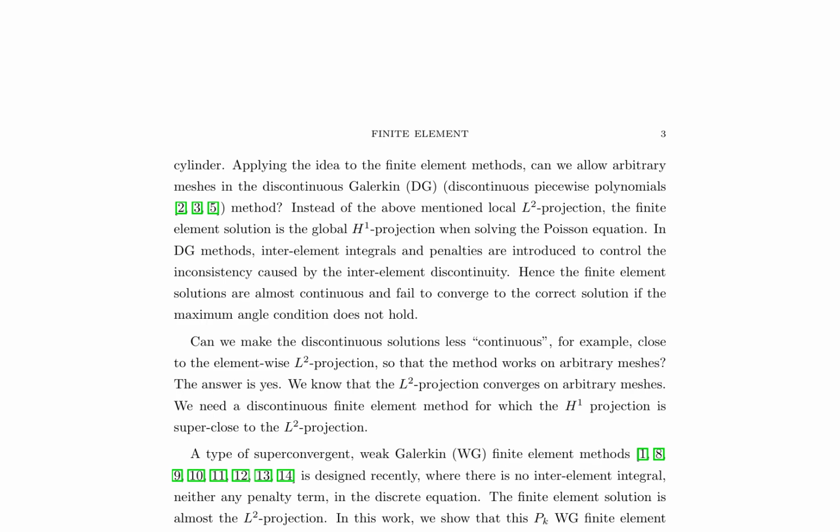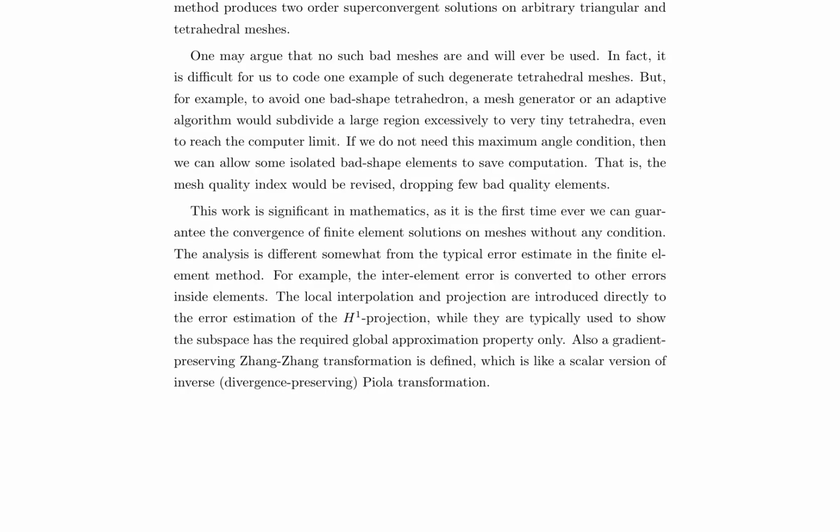Notably, PKWG is the first method to guarantee convergence of finite element solutions on meshes without any quality constraints, marking a significant advancement in mathematics. The analysis of PKWG differs from traditional finite element error estimates. It involves converting interelement errors to intraelement errors and directly introducing local interpolation and projection to estimate the H1 projection error.